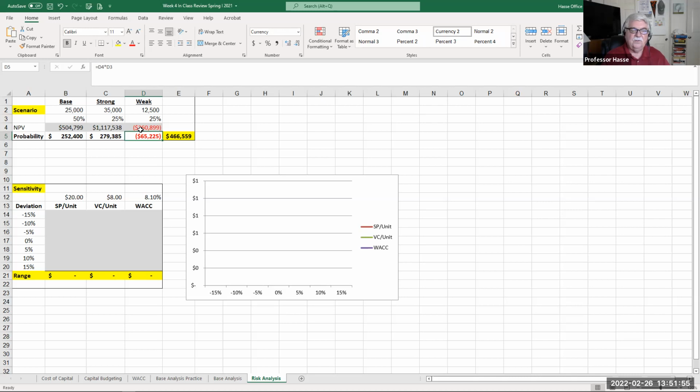And we weight all those NPVs and total them up, and we come to $466,559. Even though we might have a drop in sales or an increase in sales, according to the probability and the weighted average of that, we're still making $466,000 of that weighted NPV.